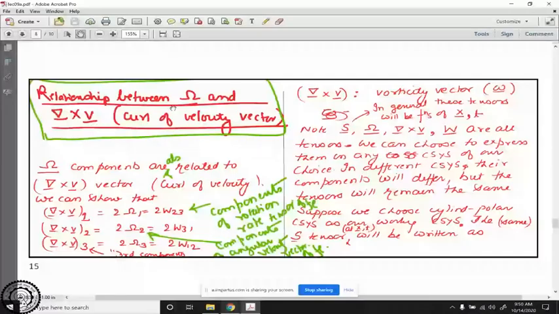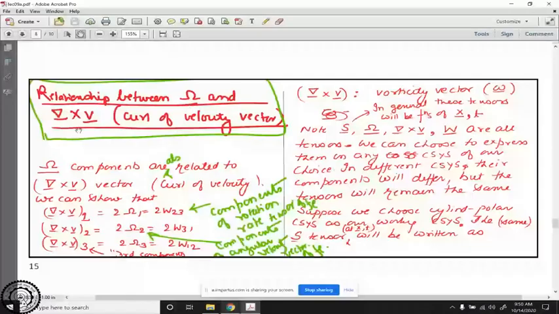You can show that the angular components of the average angular velocity, which we derived from physics of the problem, I mean, I drew a fluid element and drew edges and then derived things based on that. So whatever expression we got for angular velocity vector, we can show that they are actually related to the components of del cross V. So in literature, sometimes people will talk about components of omega, and sometimes they will talk about components of the curl of the velocity vector.